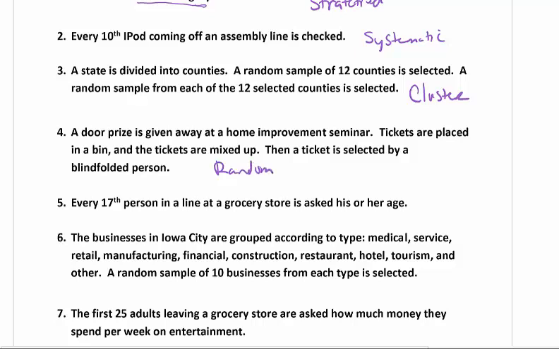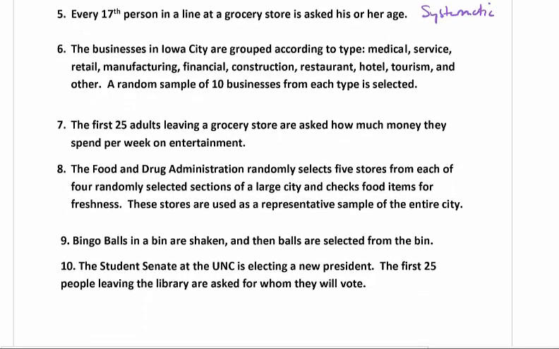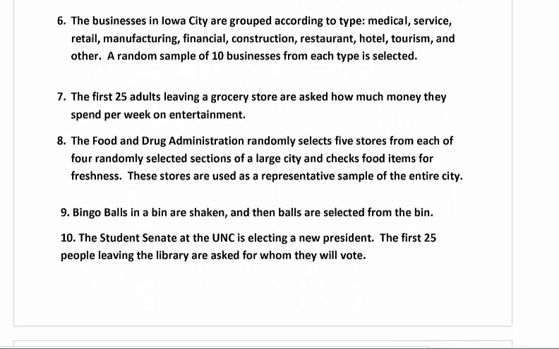And number 5, every 17th person in line at a grocery store is asked his or her age. This is, again, systematic. Sometimes these are going to be really quick for you to do, but you need to be careful and slow down on reading them.